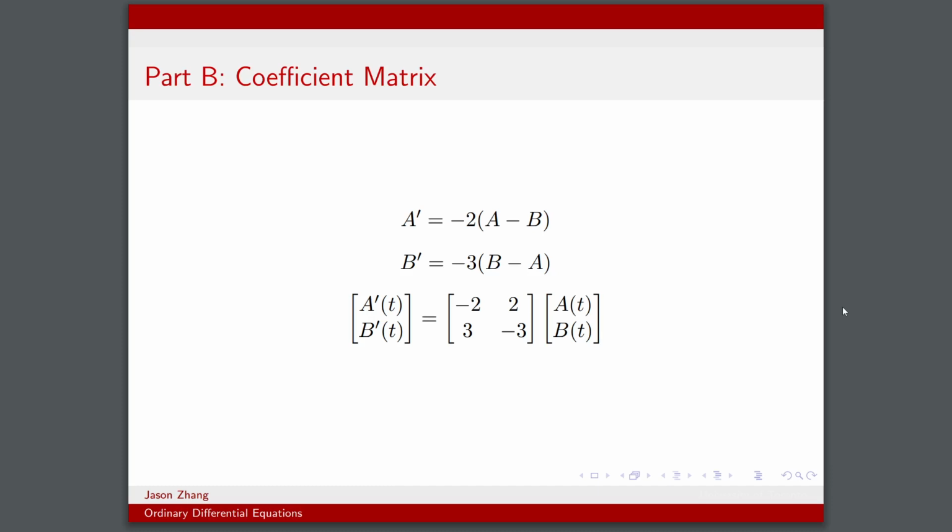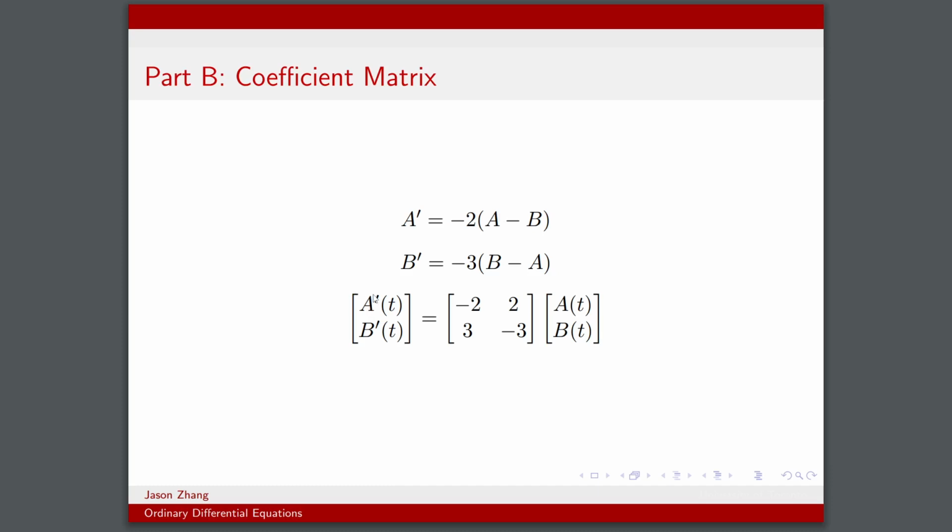Again, we just use coefficients to denote the coefficients in front of A of t and B of t. We'll note that this 2 and this 3 come from the fact that when you expand out the right-hand sides of the equations, you will get a positive 2 and a positive 3 in our system. So that is what the coefficient matrix looks like.